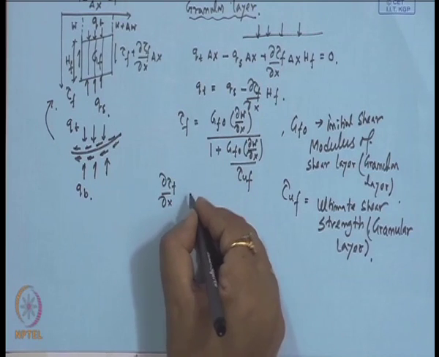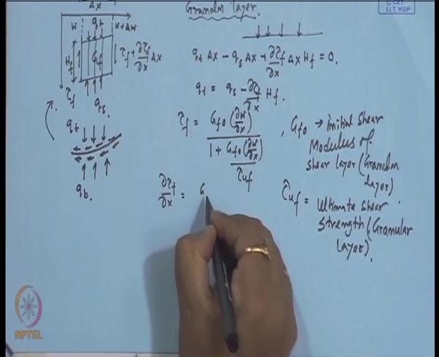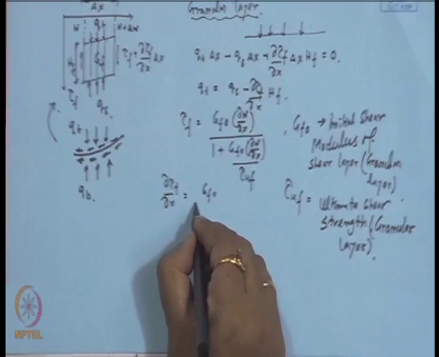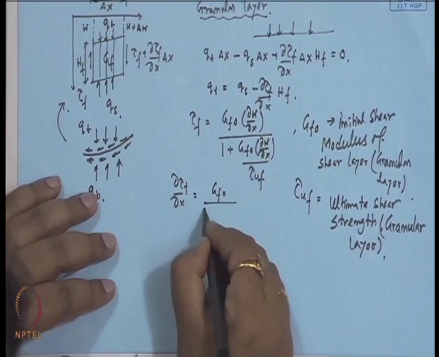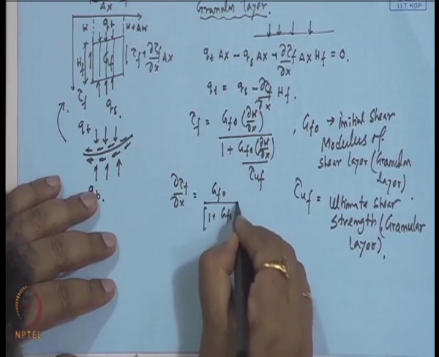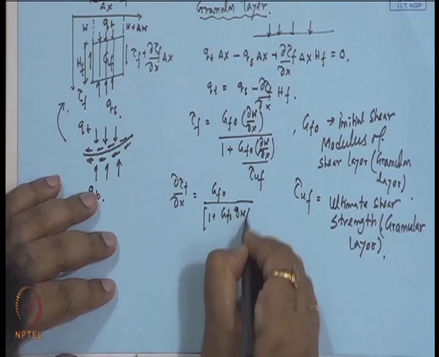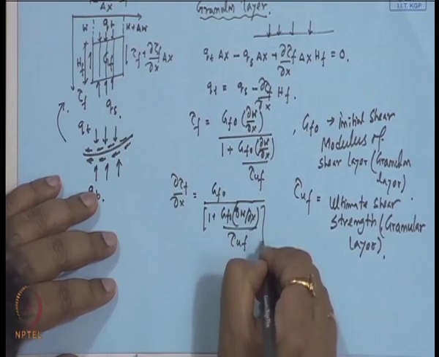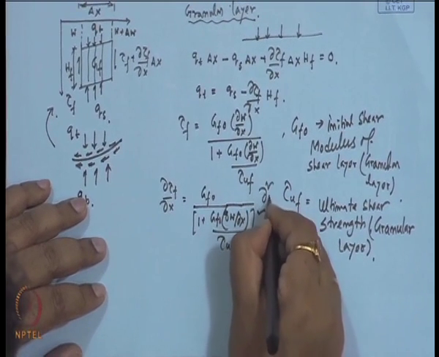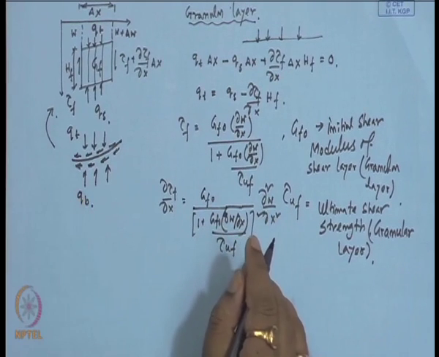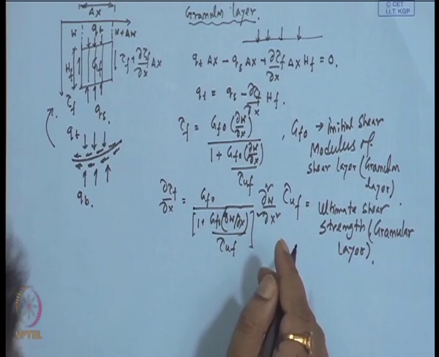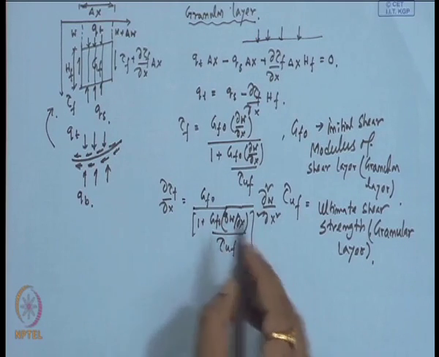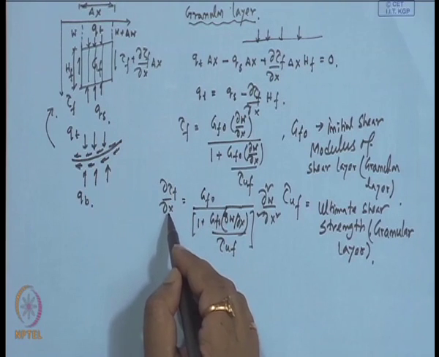So, we will get this form, that is G f 0, then 1 plus G f 0 del w del x divided by tau u f, into square, del square w del x square. So, once we derive this expression, we will get del tau f del x in this form.